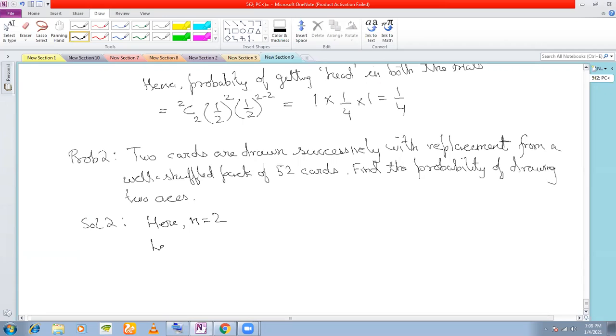That means let the appearance of an ace in each trial be considered a success.